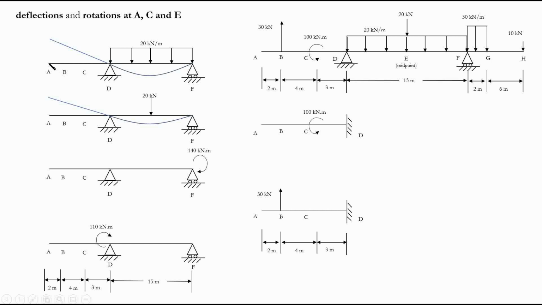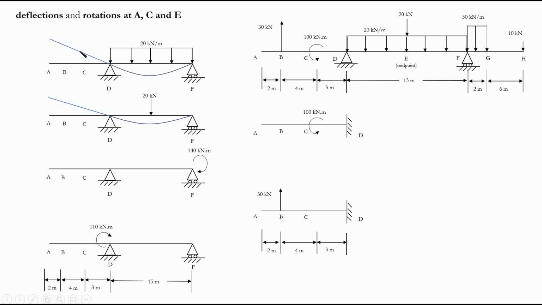This is why I have drawn this portion, because there is no load beyond point D. So in this portion AD, there's no load. It means that whatever the slope or rotation is here, it's just going to continue like that.